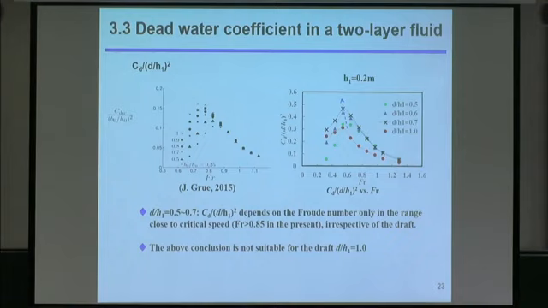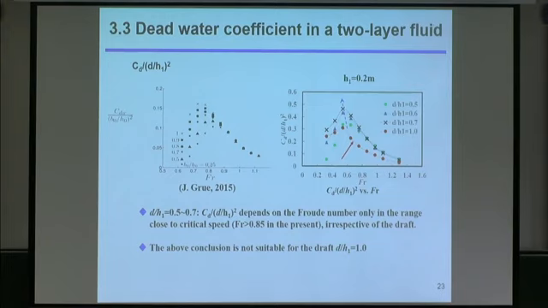But we also find another one. This red line is very different from the numerical predictions. This one is where the non-dimensional draft is 1, which means the bottom of the structure is just located on the interface.